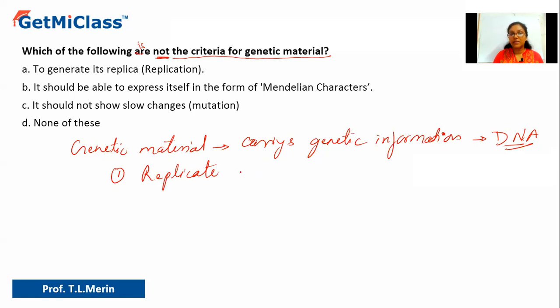Only then it will replicate itself and carry the information from one cell to the other cell, or from parent to the child. So that is a very important criteria to be considered as genetic material.